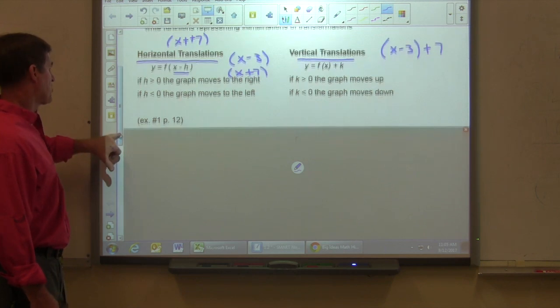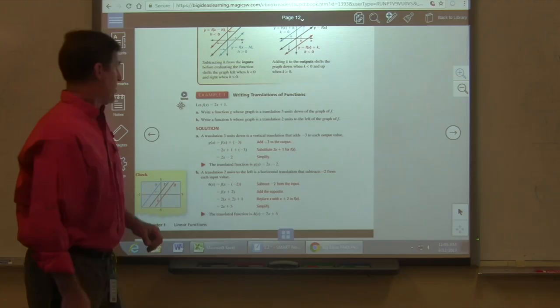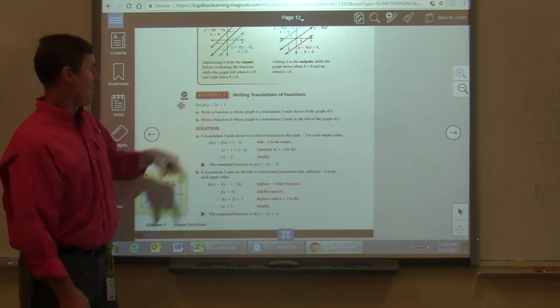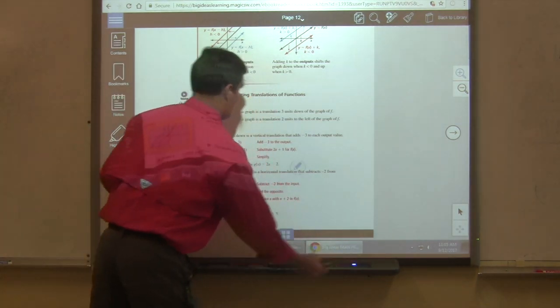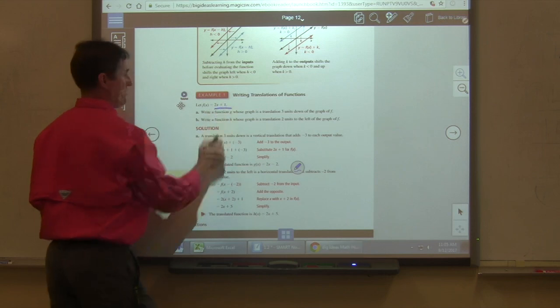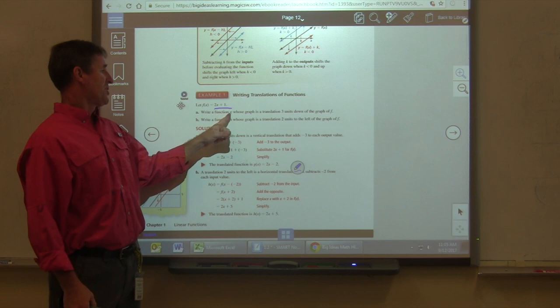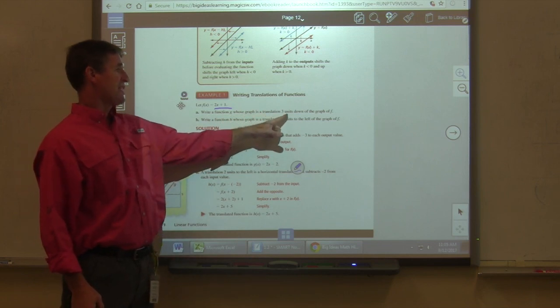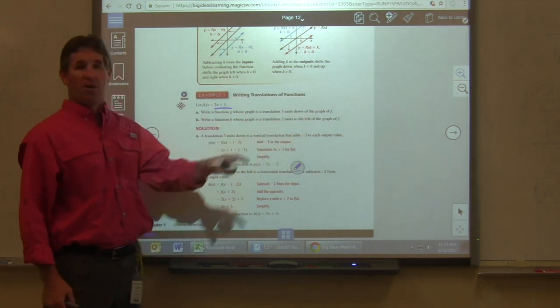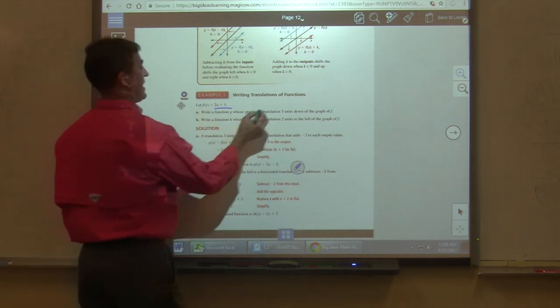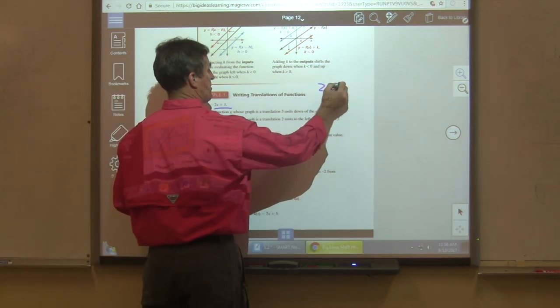So if we look at page 12 in the book, example number 1, it says let f of x be 2x plus 1. So this is our original function, 2x plus 1. It says write a function g whose graph is a translation 3 units down. Well, 3 units down means it affects the whole function. So we would take 2x plus 1.